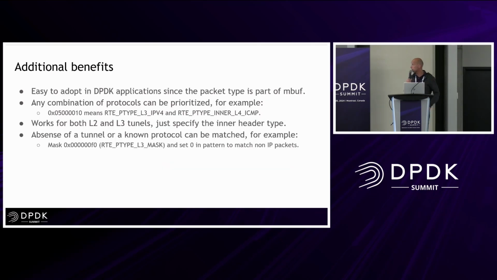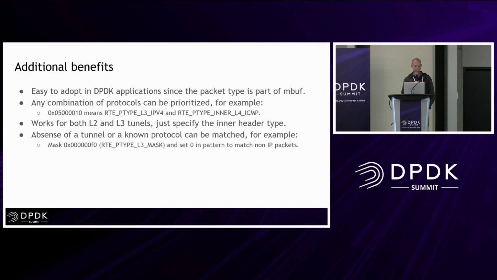Yeah, so the benefits of this flow rule item are the following. I mentioned that it's part of the MBUF. It's easy to program the flow with this. And there are masks in the definition of the packet type in the DPDK, so you can easily pick and program the combination of the protocols.